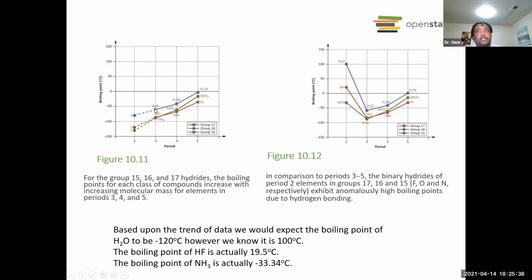But in reality, H2O, we know from experience, is all the way up here, 100 degrees. Water boils at 100 degrees Celsius. And that's because of the hydrogen bonds. The hydrogen bonds are very strong compared to the dipole-dipole interaction. Because of the strength of those hydrogen bonds, it causes those molecules to stick together better. Does that make sense?